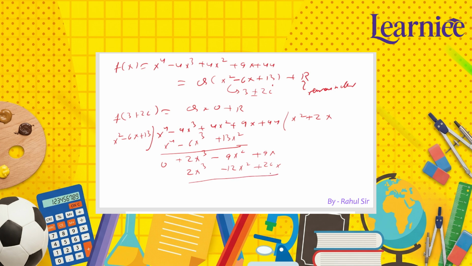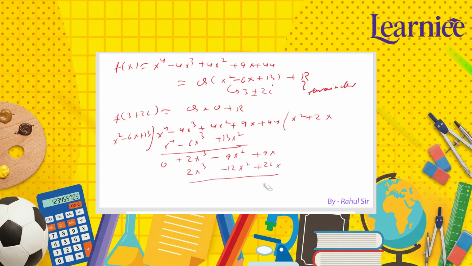Again we'll solve. We go on solving. Ultimately we get the remainder; this is a second degree polynomial as divisor, so its remainder should be either a constant or a first degree polynomial. So we'll get the remainder as ax plus b.